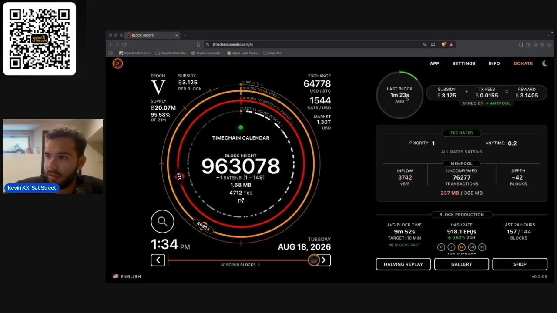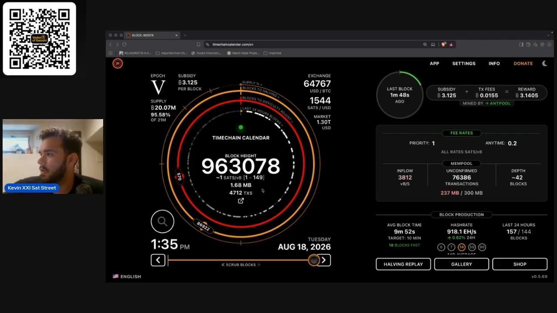But anyways, next we get on to this point right here, where the block height is. The TXS is how many transactions were in that block, and the MB right here is the total size of the block altogether. And the average fee per block.